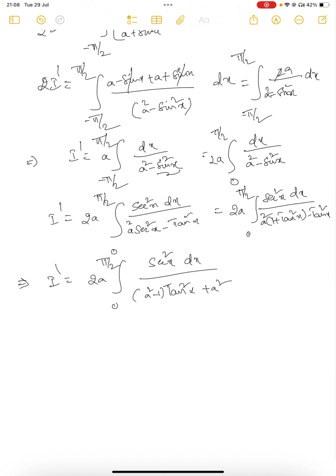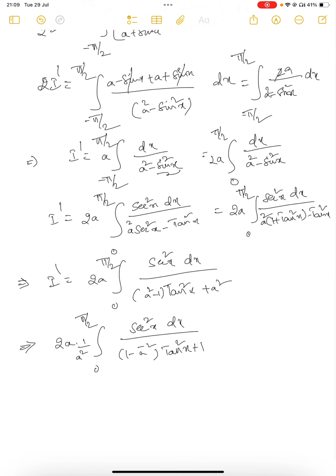Then the next step: 2a, integral 0 to pi by 2 secant square x dx, let's take a square common in the denominator, then it will be 2a into 1 by a square, 1 minus a power minus 2, tan square x plus 1.